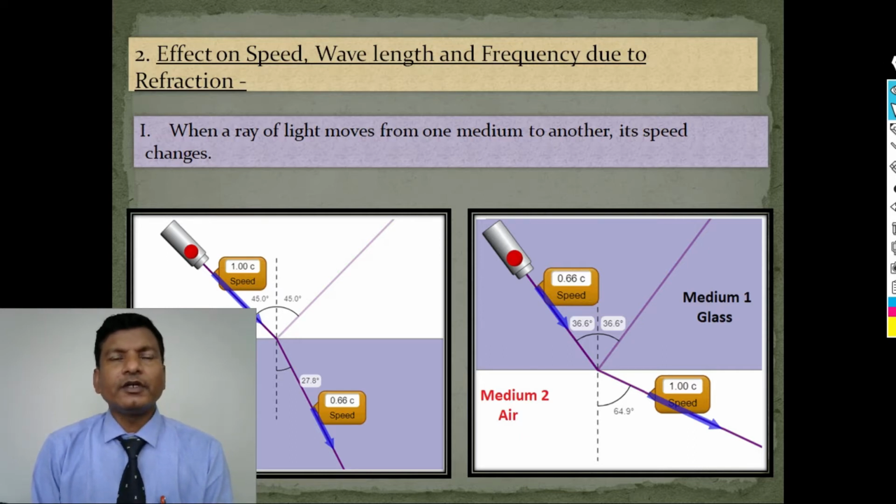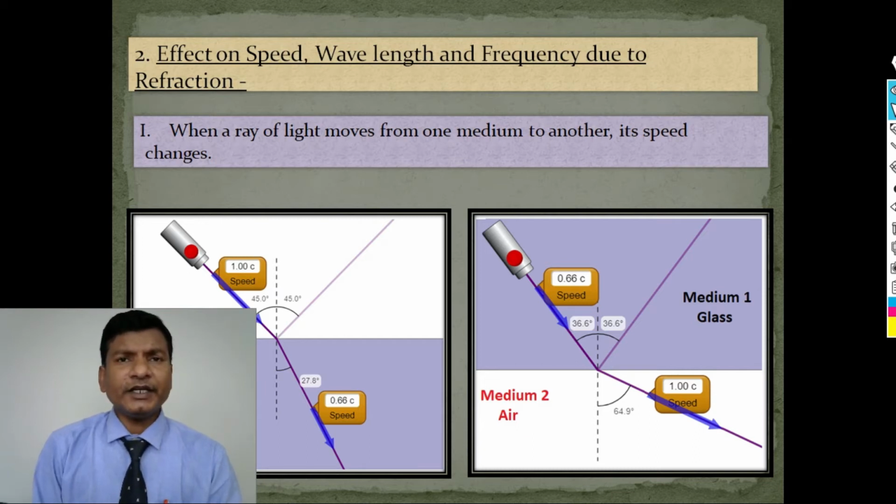You know, when the ray of light moves from one medium to another medium, the speed changes, because while the ray was moving say in the medium air, the speed of light in the medium air was almost 3 × 10^8 meter per second, and when it reaches the water medium, then the speed of light changes. So when a ray of light moves from one medium to another, its speed changes.